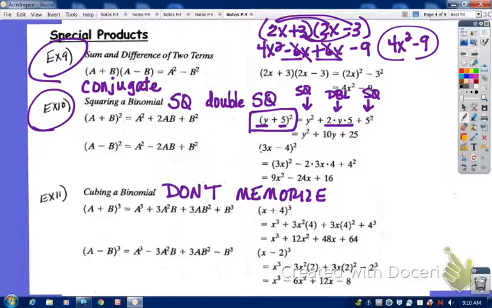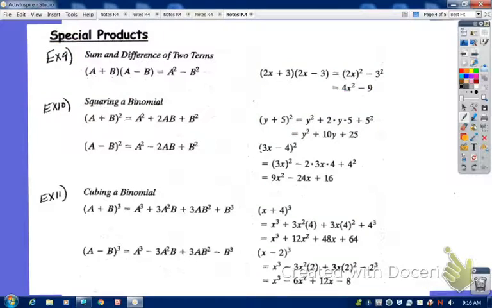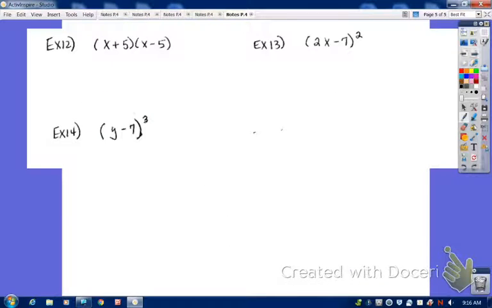All right, you do not have to memorize cubing a binomial, but I do want you to know how to do sum and difference of 2 terms, those are called conjugates, and squaring a binomial. So let's look at these last examples and we will be done. So example 12 is an example of conjugates. You have x plus 5 times x minus 5.